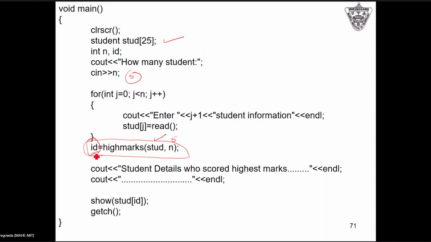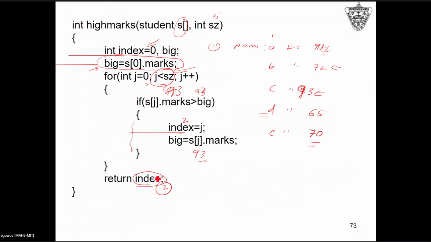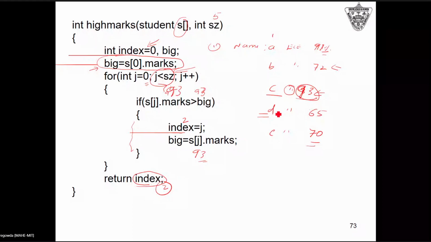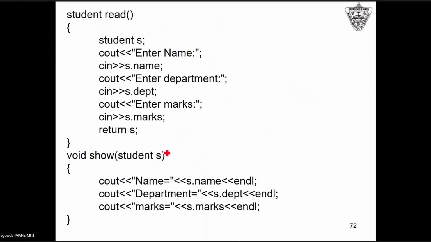So you are going to display that student by passing that particular structure to the user defined function show student of ID. You are going to pass this here. The student details, name is C, branch is EC, and scored marks is 93, is displayed on the screen by using this statement. So this is how I can pass the array of structure to the function.